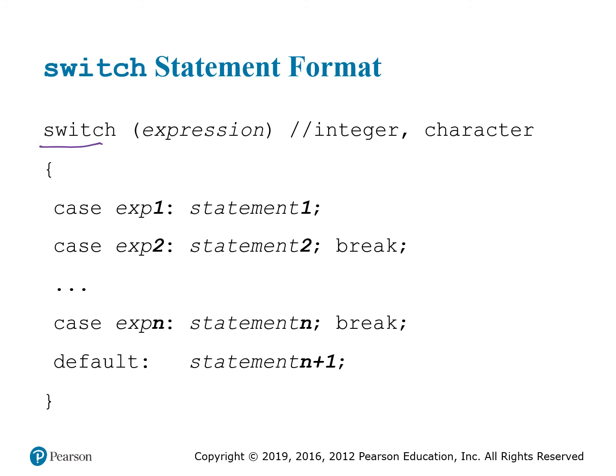You say switch, you pass an expression to evaluate, and you have some curlies that define the switch statement. Then things start getting weird, okay? You have these case labels, case expression 1, then you run statement 1, case expression 2, then you run statement 2, and here we have the special keyword break.